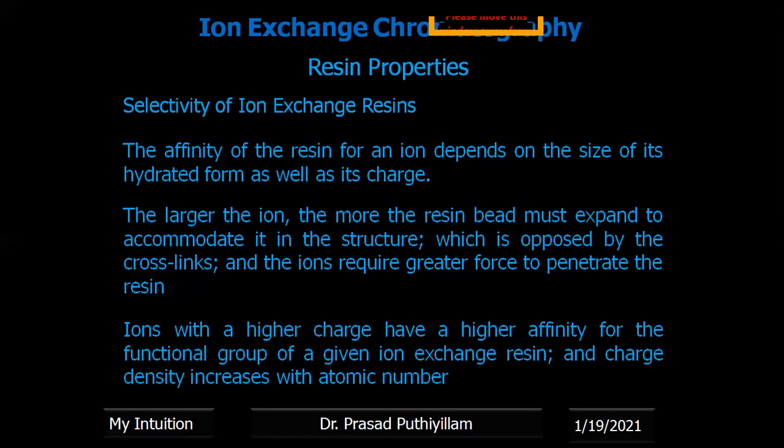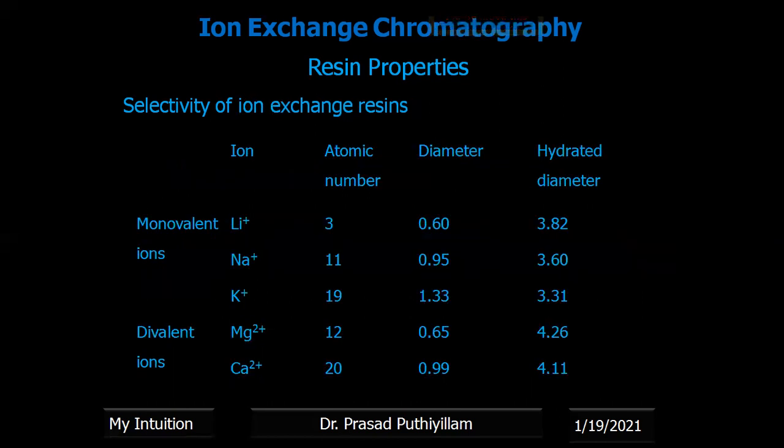Ions with a high charge have a high affinity for the functional group in a given ion exchange resin, and the charge density increases with the atomic number. Some comparative selectivity values are tabulated here, for monovalent ions like lithium, whose atomic number is 3, the naked diameter comes around 0.6.